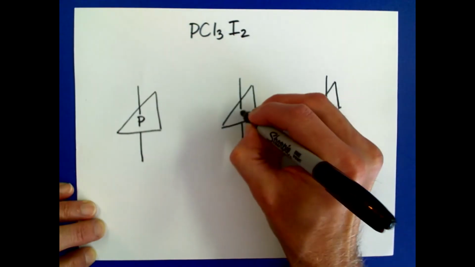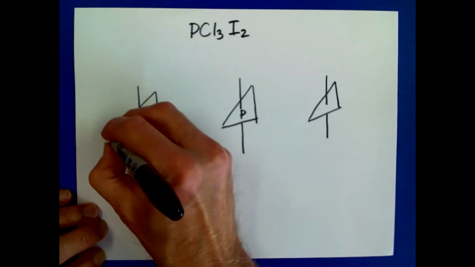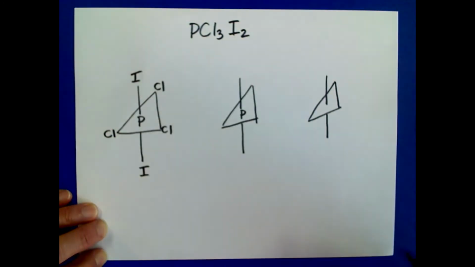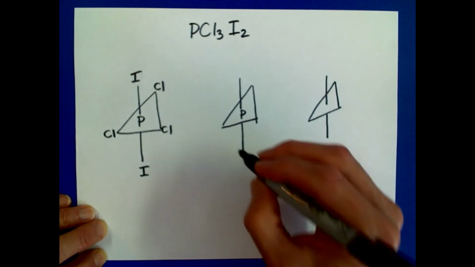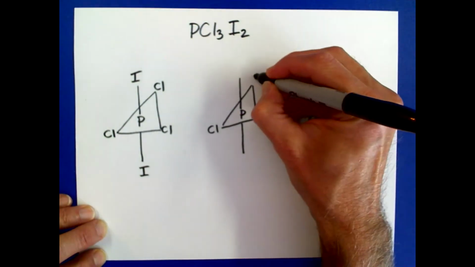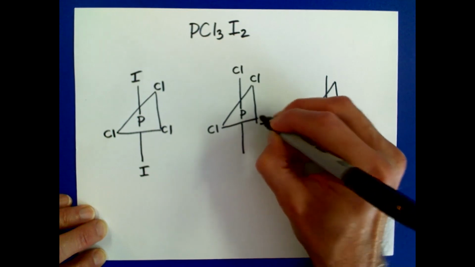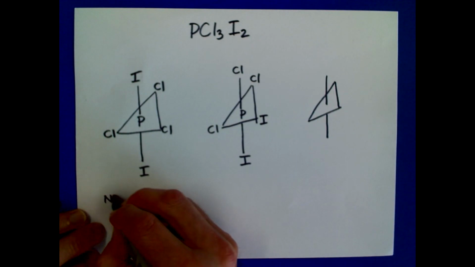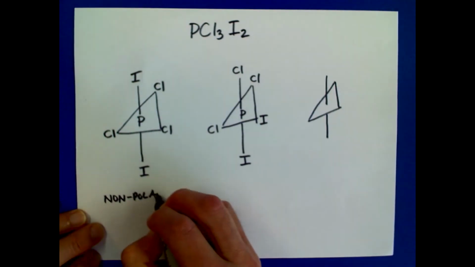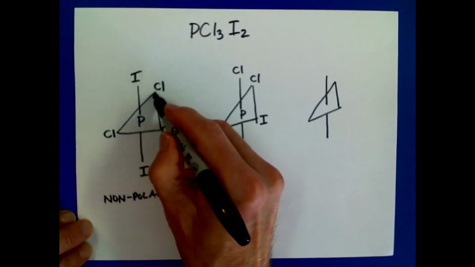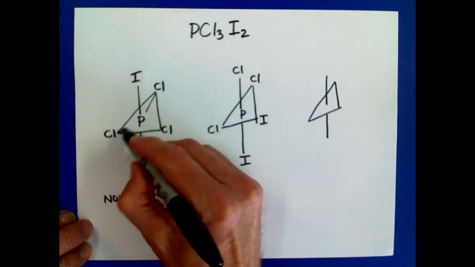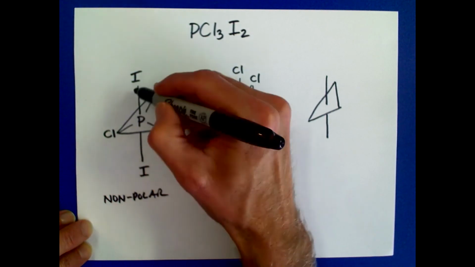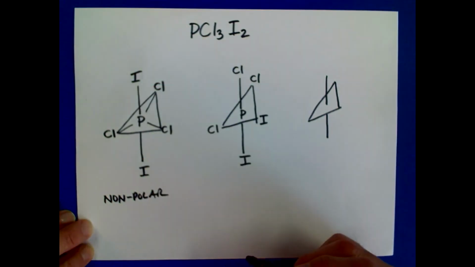So here we've got a central phosphorus, and here we're going to put our chlorines here, here, and here, and our iodines here and here. What do you think? This case would be nonpolar, with all equatorial positions going to cancel each other out in the trigonal planar plane, and then the 2 iodines sticking up and down would cancel each other out.